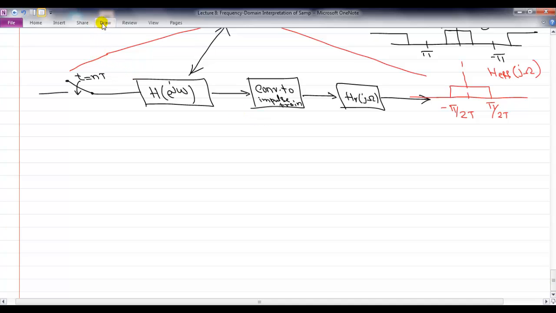Just to make sure we also relate it to the same picture that your book uses. As I said earlier, your book sort of uses this picture.